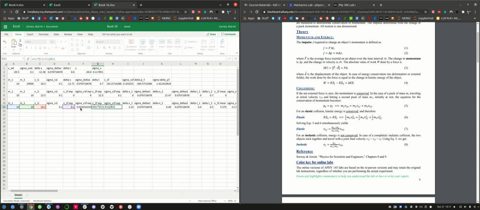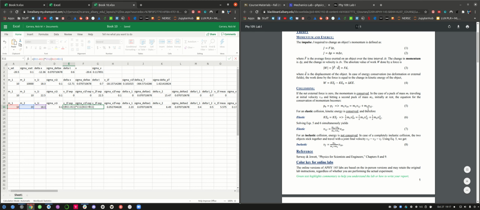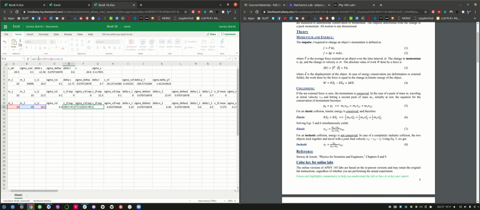Oh, that's because the final should be negative for this velocity. Why is it not negative? Oh, because I subtracted that one from that one. That's why. There we go.